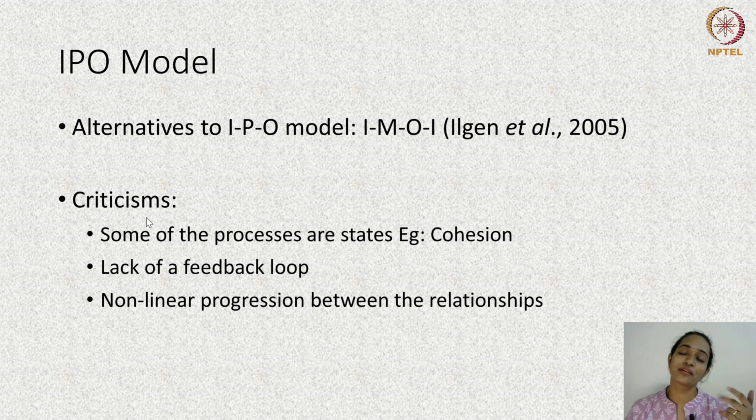Because of the criticisms which have been given for the IPO model, researchers have come out with different other models like the IMOI model about which I said before. The IMOI stands for Input, Mediator, Output and Input.